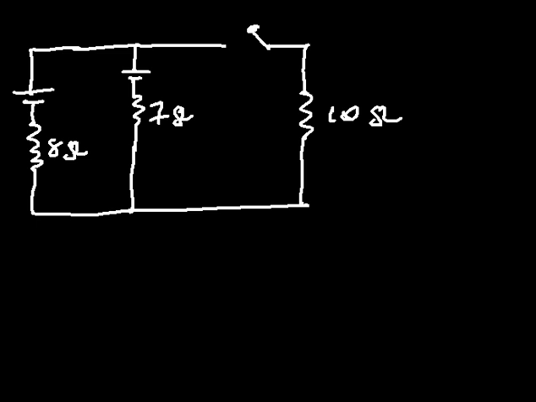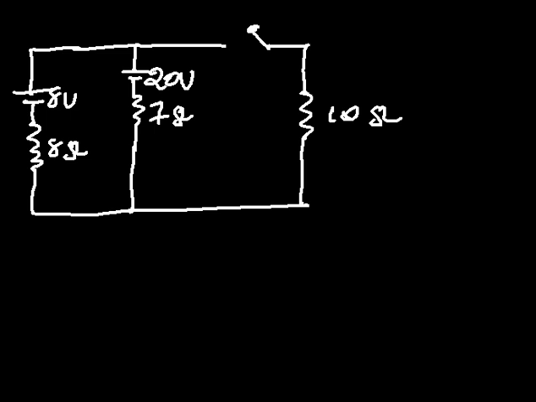And now we have the batteries. This is an 8 volts battery, and this is a 20 volts battery. Now the question says, how much current flows through each battery or through each resistor in these two conditions.